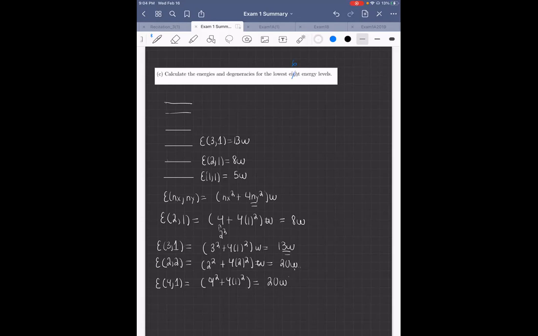It's asking to see any degenerates, and these are 2 degenerates because these energies are equal to each other. So there's 2 ways of getting this energy level. So this would be E of 2, 2 equals 20W, and this will be E of 4, 1. And these are both degenerate.